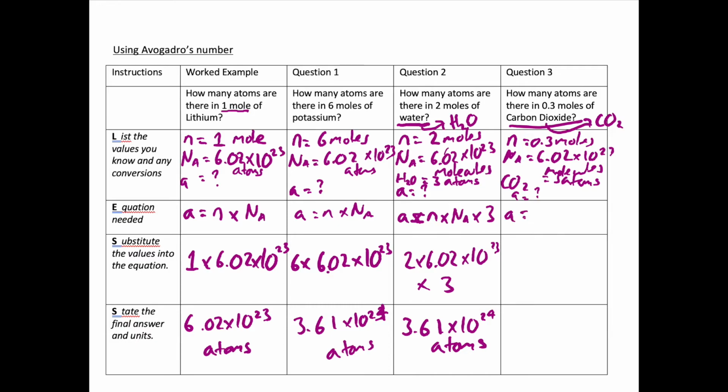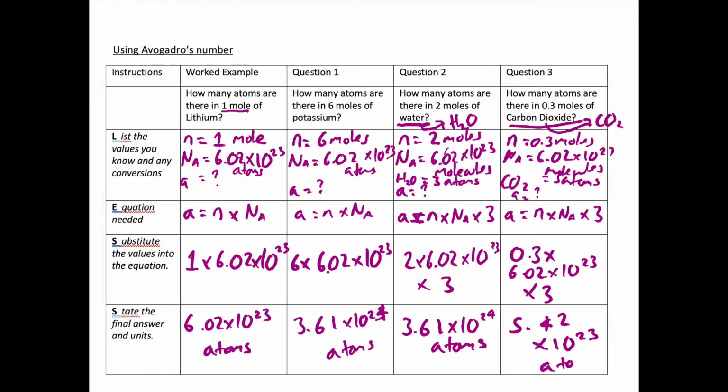So here we're going to be doing our number of moles times Avogadro's number, and again times 3, because that's our number of atoms in that one molecule. So we're going to be doing 0.3 times 6.02 times 10 to the 23 times by 3, and that comes out to be 5.42 times 10 to the 23 atoms.